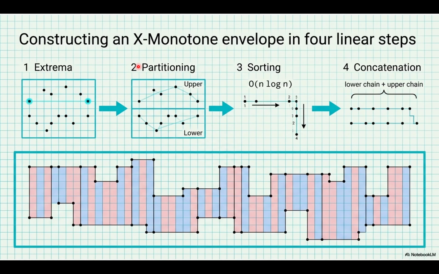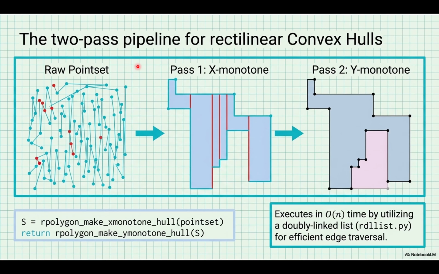Yeah, this is a fun one. If you have a scattered, messy set of coordinate points, a convex hull is like snapping a tight rubber band around the outside of all those points. So it creates the smallest possible enclosing boundary. It effectively shrink wraps the data. Shrink wrap is a perfect way to describe it. And the library creates this shrink wrap using a very specific two-pass pipeline, right? Yes.